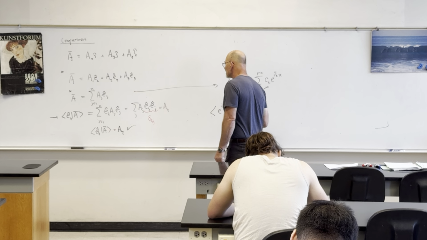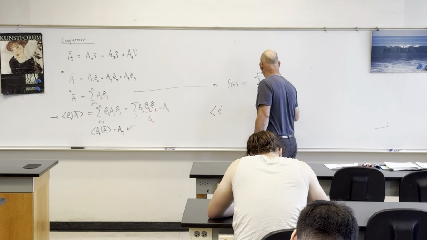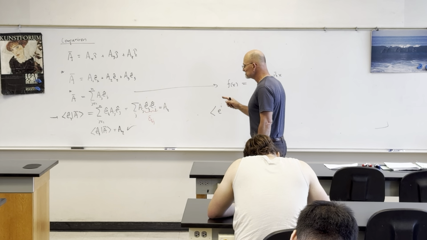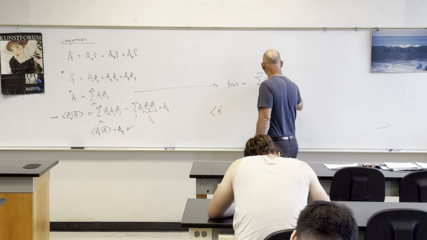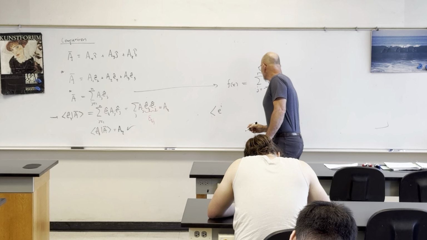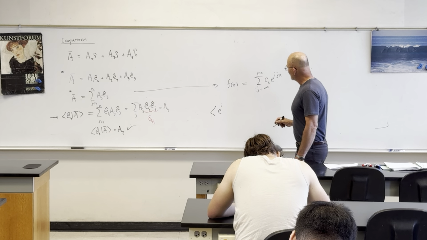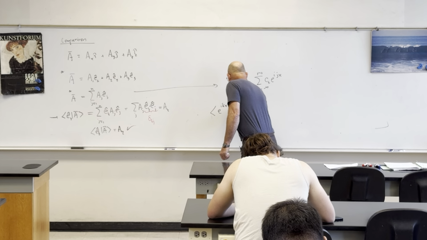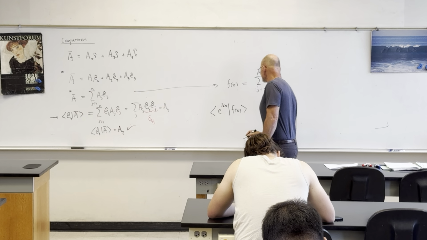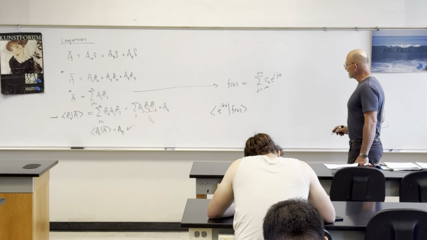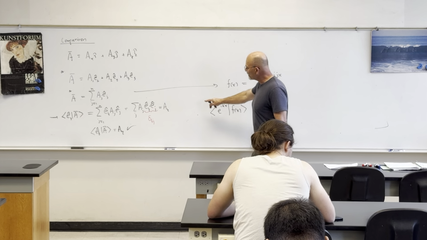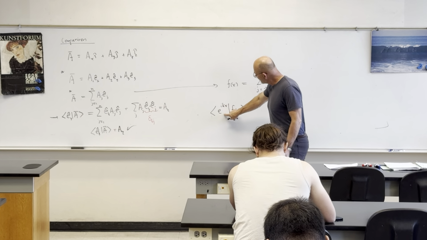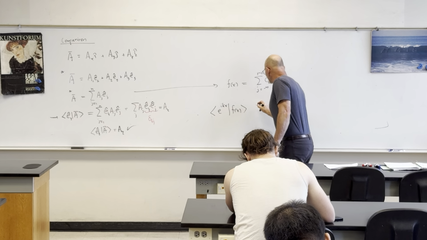Since I'm using k there, maybe I'll use j, keeping the letters the same. That's the inner product of that unit-vector type of function with this here.